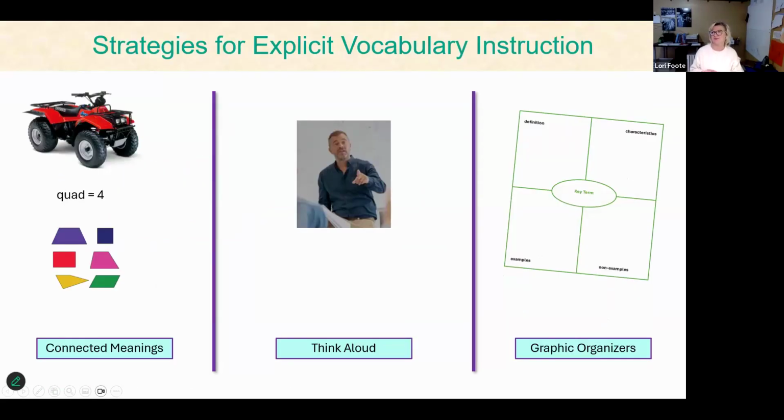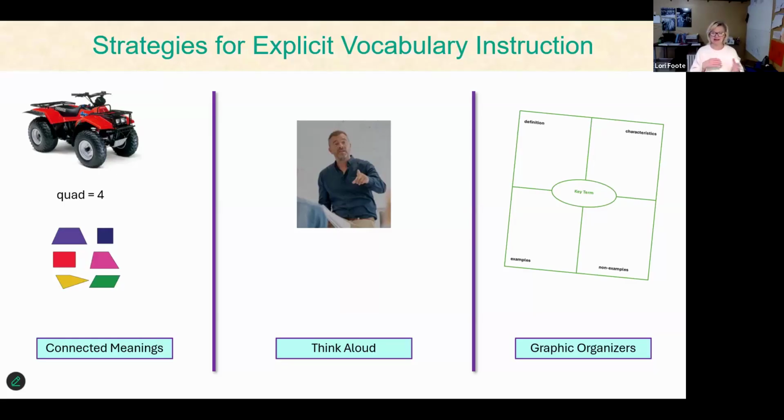Another thing that we included when we were writing up the ALLOhio modules was the idea that you can use some of the tactics that you might use in language arts and apply those to math key terms. So thinking about connected meanings: a quadrilateral has four sides, and this quad runner type of vehicle has four wheels.